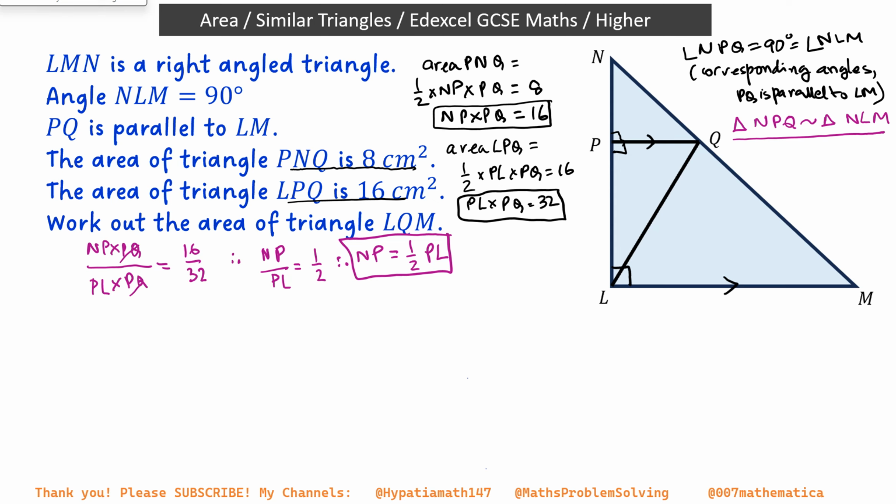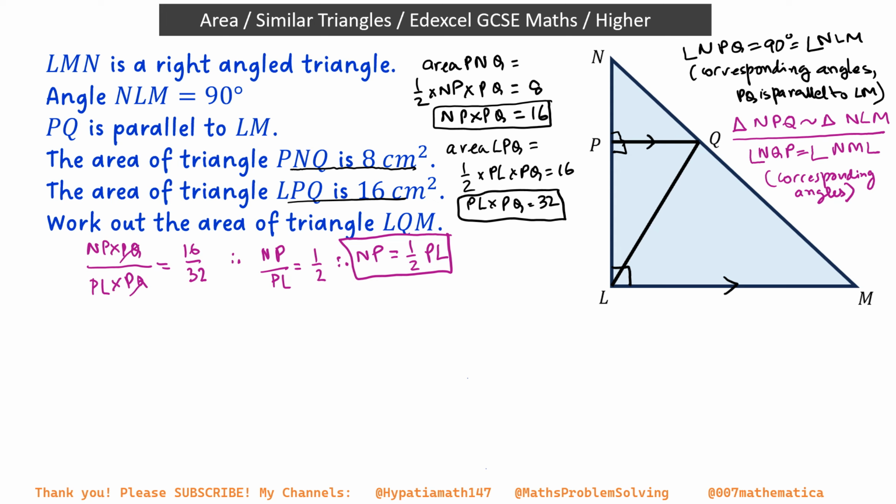Now we need to prove they are similar. We've already got the 90 degrees part. Next we can say angle NQP is equal to angle NML, and the reason is the same, corresponding angles, and of course PQ is parallel to LM.